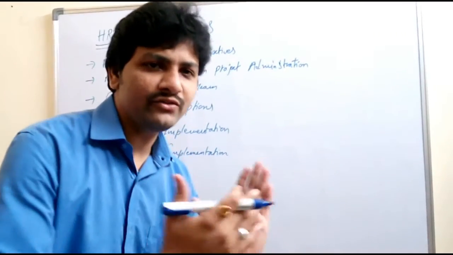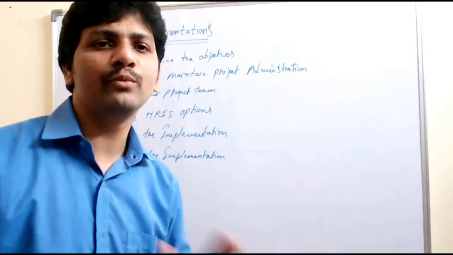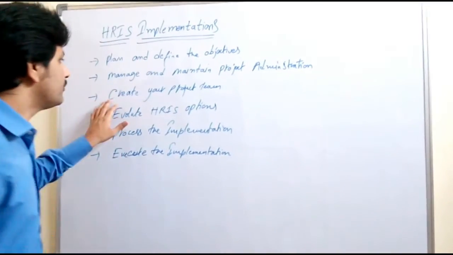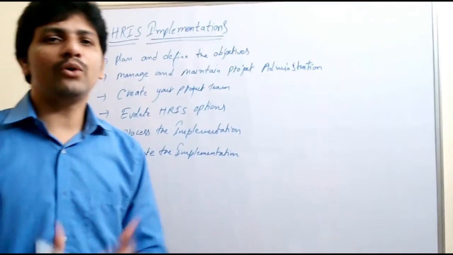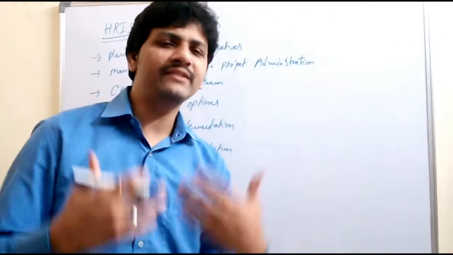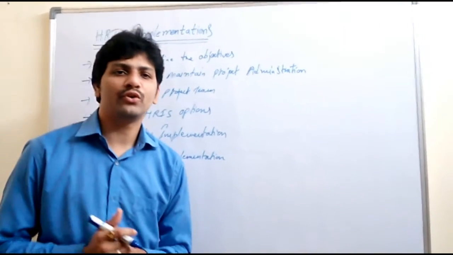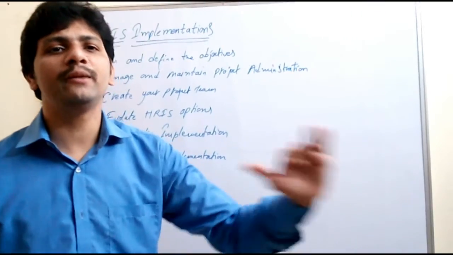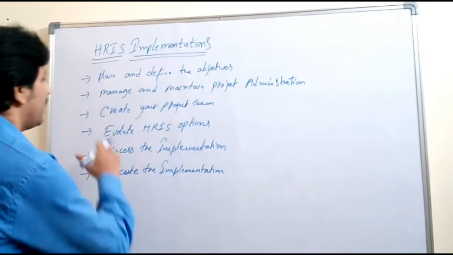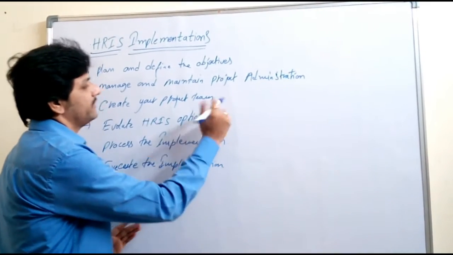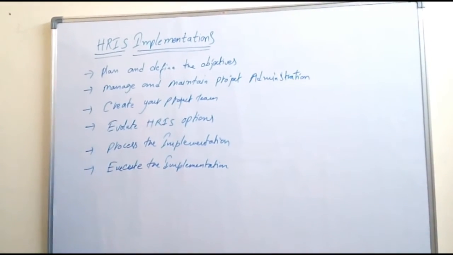What is the software here? HRIS, the Human Resource Information System. They first create their own project teams and get the best teams, analyzing who are the accurate persons to maintain a particular team. That is about creating a project team.